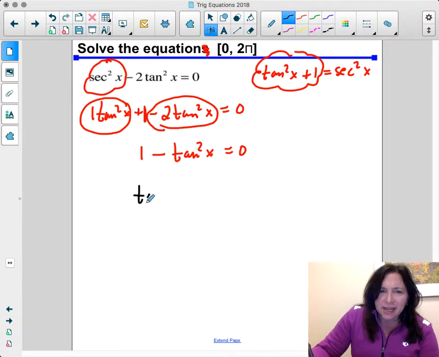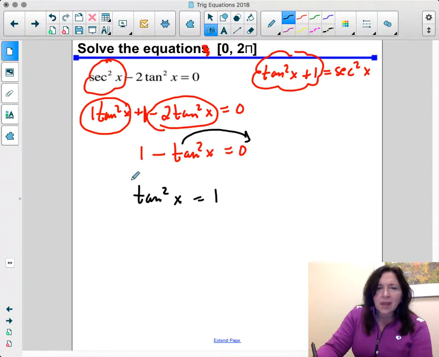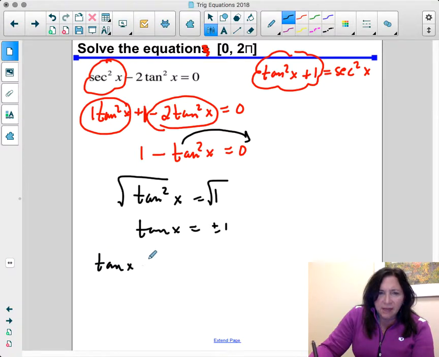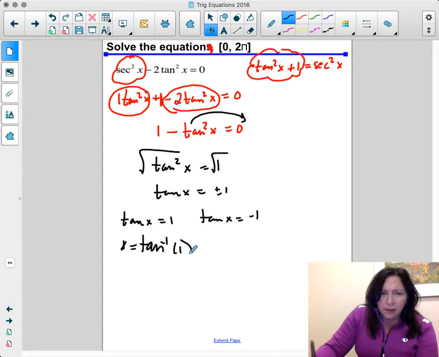So I'm going to have tangent squared of x is equal to 1. I'm going to square root both sides, and I'm going to get tangent of x is equal to plus or minus 1, which means that I need to do this twice. I'm going to get tangent of x is equal to 1, and tangent of x is equal to negative 1, which then is going to give me x equals arctangent of 1, and x equals arctangent of negative 1.